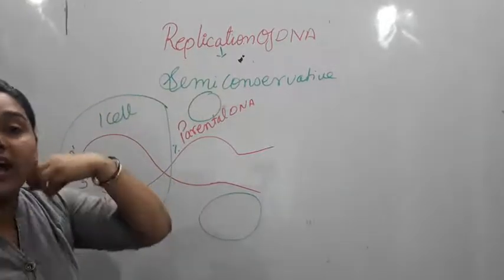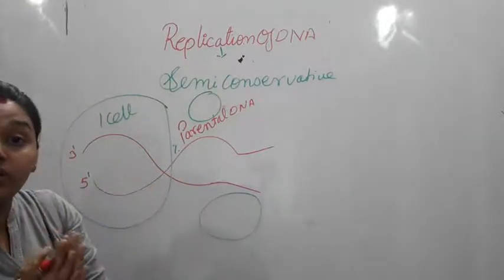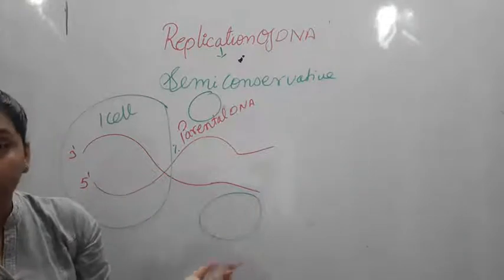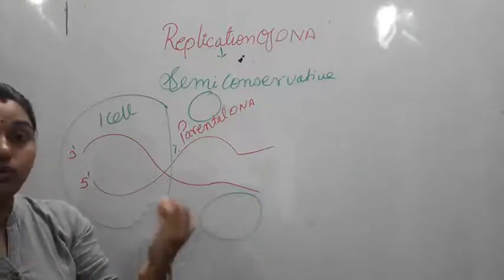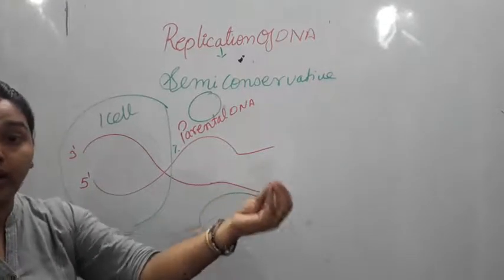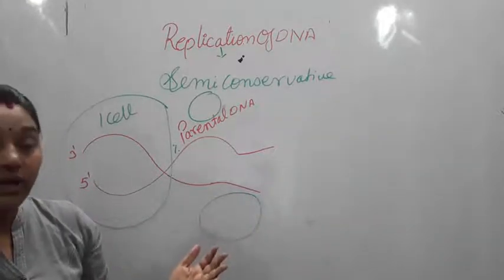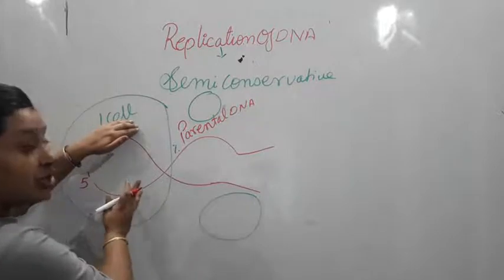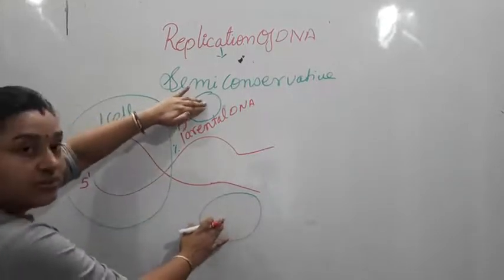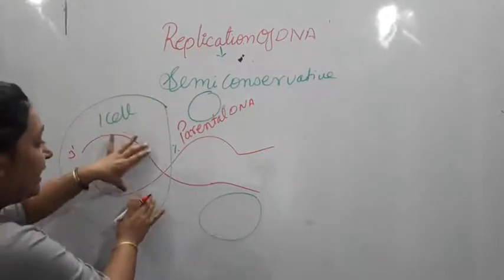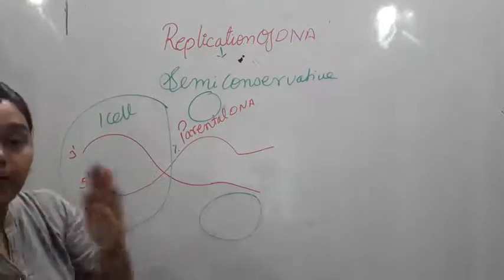Then only all the characteristic features are going to be transferred in each and every cell of your body, because you know that from 1 to 2, 2 to 4, 4 to 8, 8 to 16, 16 to 32 cells are going to get divided in your body, right? So all the genetic features should go in these. So for that purpose, the DNA strand has to replicate itself.